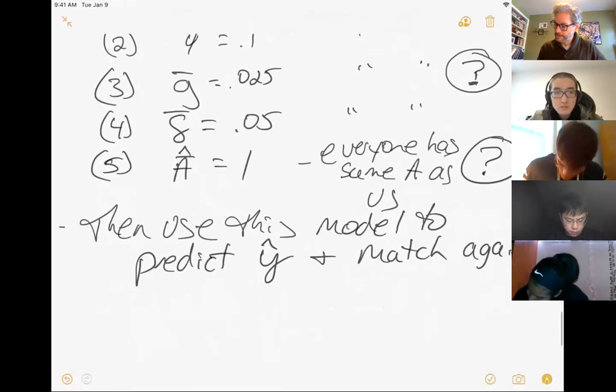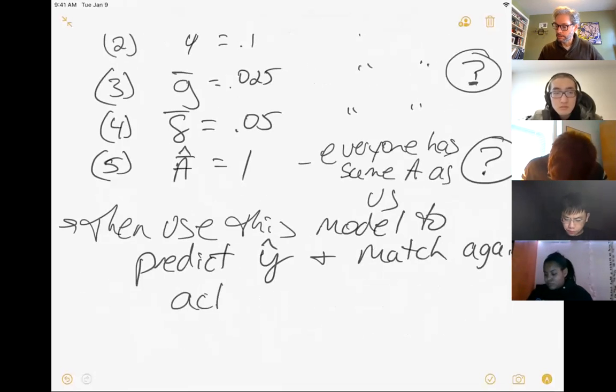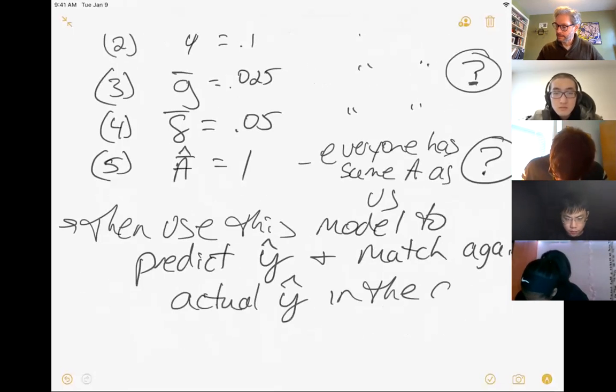So what we're going to do is use this model to predict what y hat should be and match against actual y hat in the data.